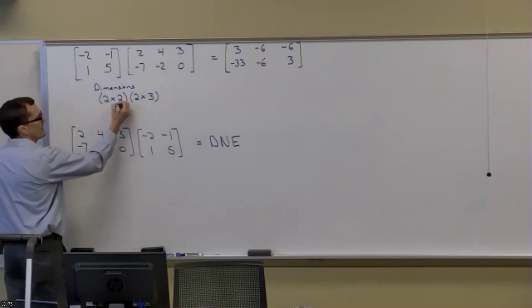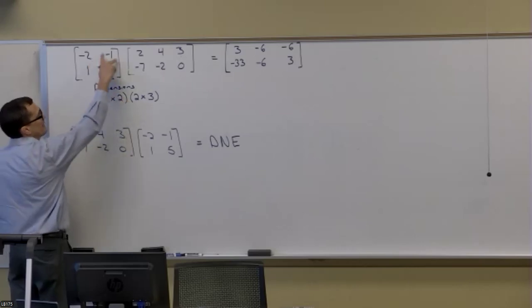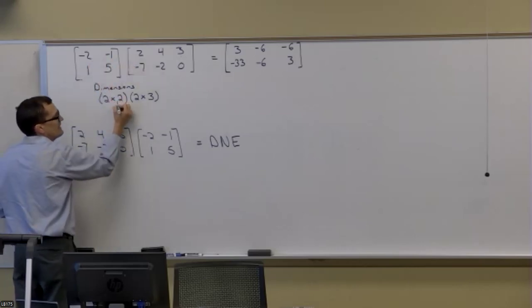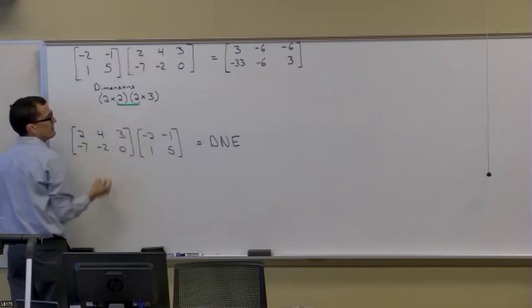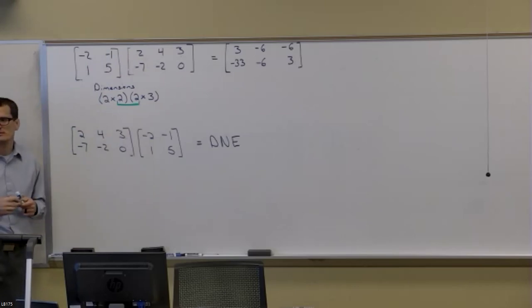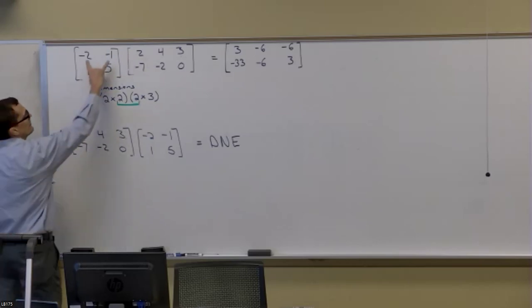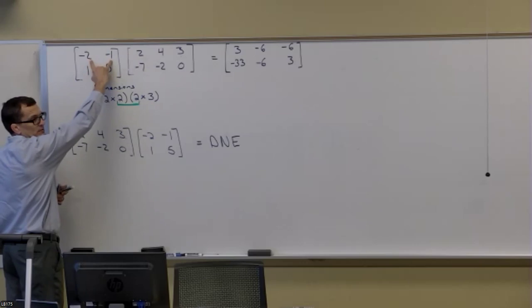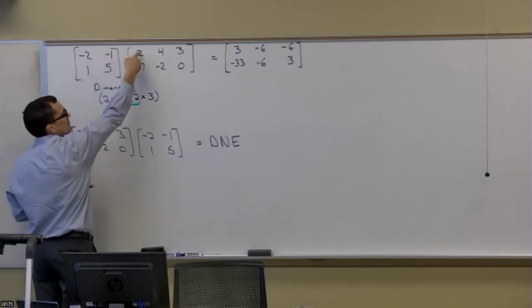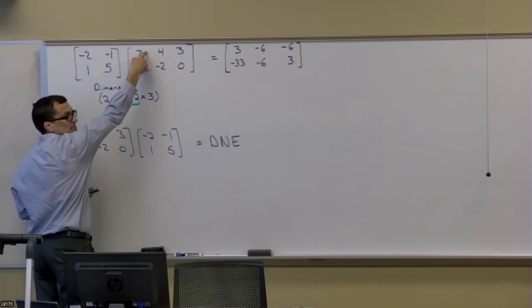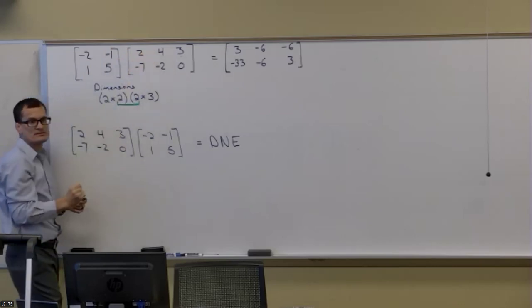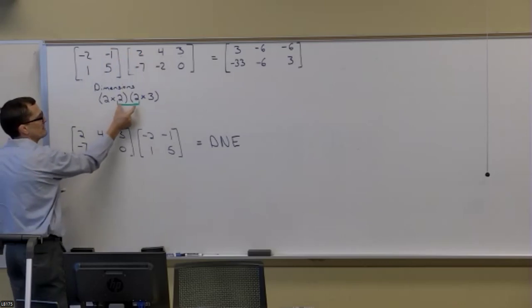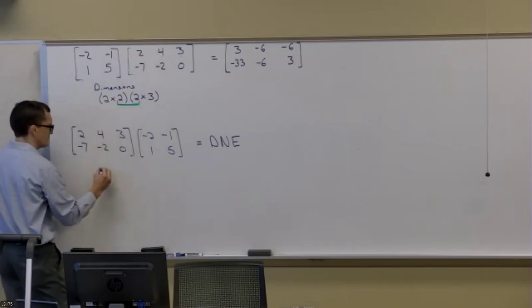In order for us to be able to multiply these 2, the middle dimensions have to match up. The number of columns in the first matrix, that's how many entries are in a row, times the number of rows in the second matrix, that's how many entries in a column. That makes sense? So these middle dimensions have to match up for this to work.